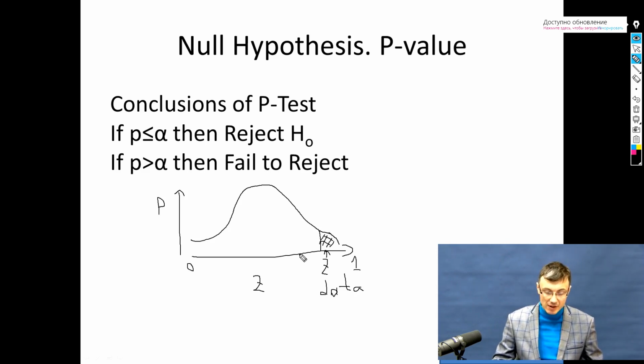And if we have data or a value calculated by data that is in this area, we have to fail to reject the null hypothesis, say that it's okay under those circumstances to obtain this data.